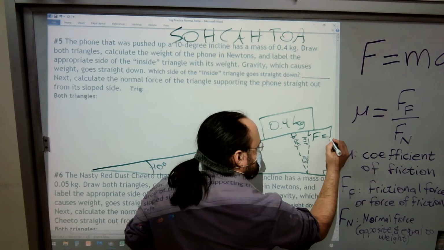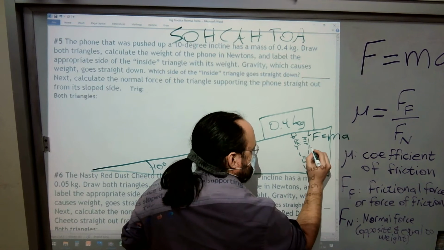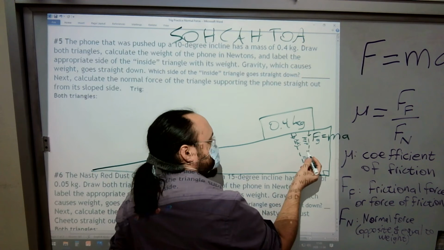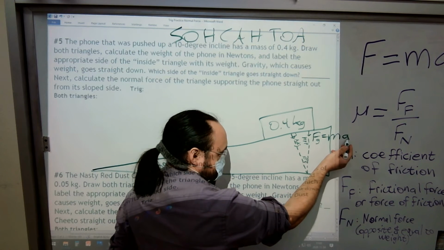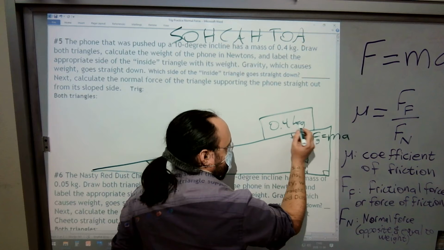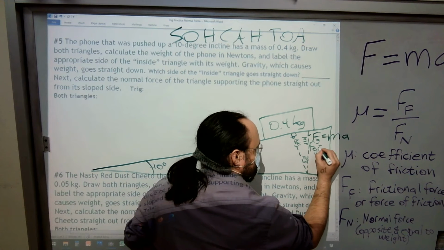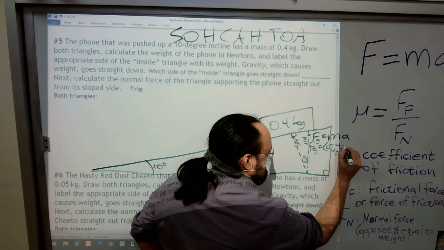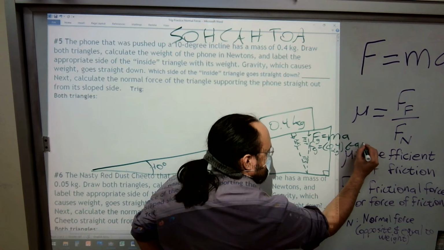Weight's a force. We're using F equals ma. I'll say Fg because it's weight. Because weight's because of gravity, we'll use a equals negative 9.81, and we'll use the mass that we're given there. So you got 0.4 kilograms times negative 9.81.